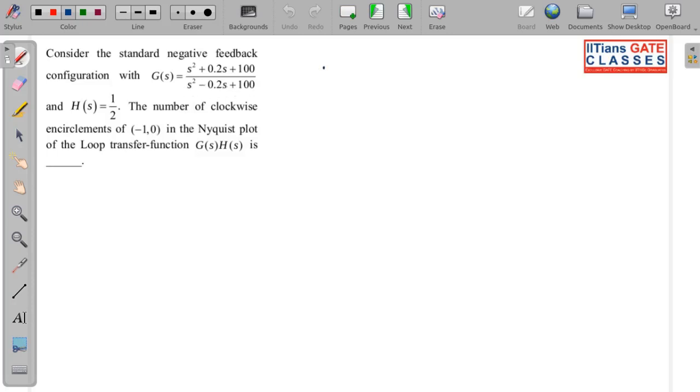So OLTF will be what? It is GHS. So that is equal to half, S square plus 0.2S plus 100, divided by S square minus 0.2S plus 100. So they are asking the number of clockwise encirclement of -1 J0 in the Nyquist plot of the loop transfer function GHS.